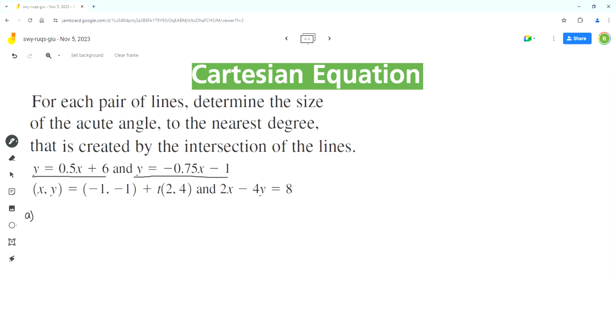The general equation of slope-intercept form is y equals mx plus b. The slope of the line is the m value, or the coefficient of the x term. The slope of the first line is 0.5. 0.5 can be written in fraction form as 1 over 2. The formula for slope is rise over run.